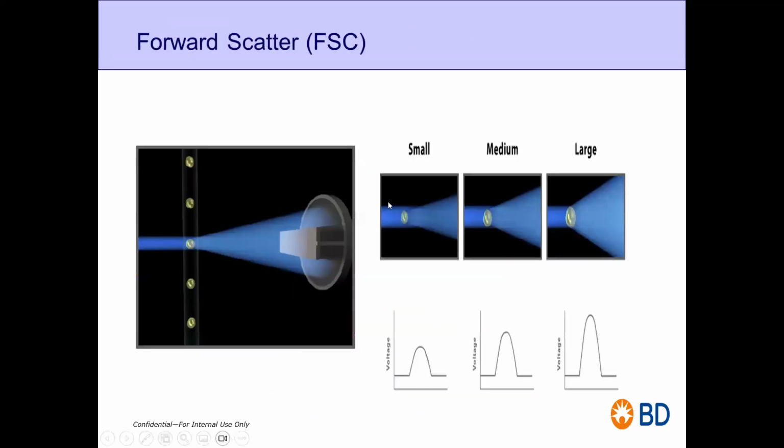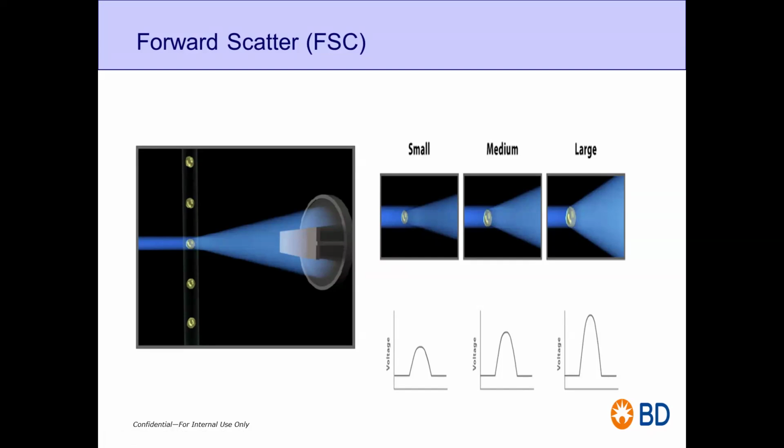So let's take an example of the forward scatter. When there is a cell in the path, in the stream, the forward scatter detector is always in front of the incident ray. So when the light comes, it will hit the cell, it will diffract the light, and that light will be captured by the detector and converted into a signal.